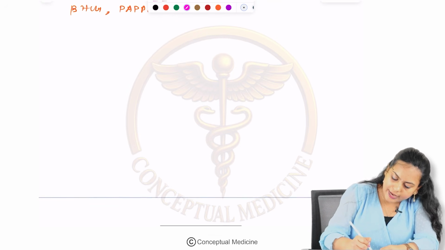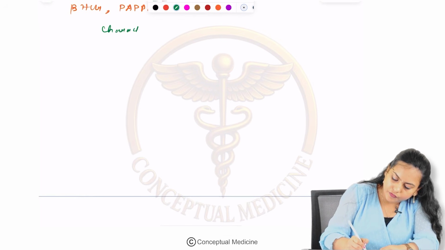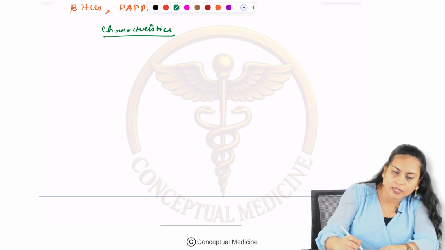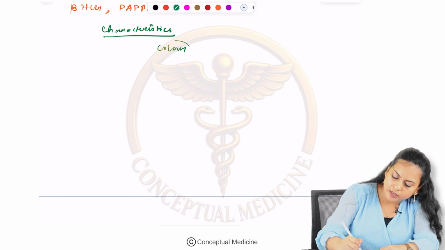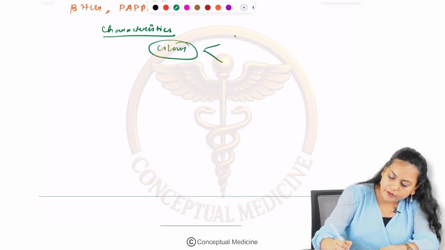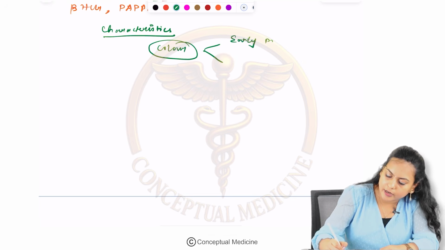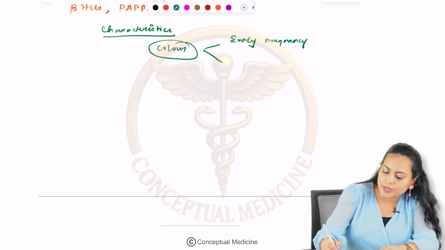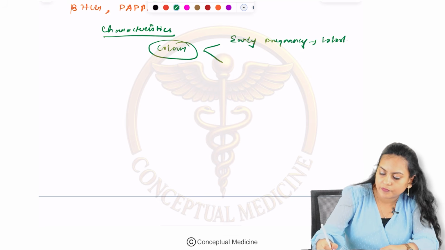Then, some of the characteristics of amniotic fluid. First, we will note the color of amniotic fluid. The color of amniotic fluid in early pregnancy is basically colorless.